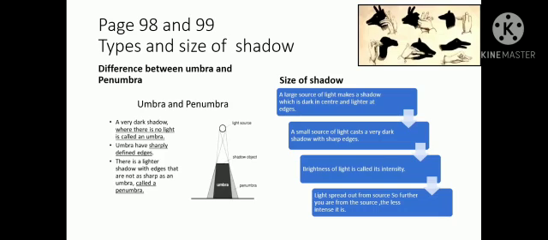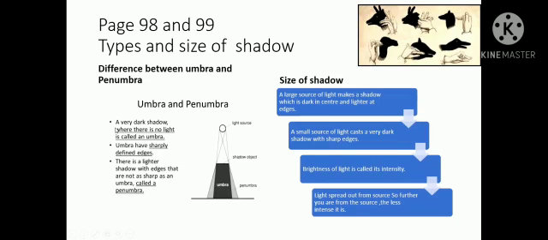Number 1, you can see here a light source is given, this is the object, and these two portions are the shadow of this object. Some portion of the shadow is very dark and some is lighter in nature. So you have to differentiate between these two types of shadow.